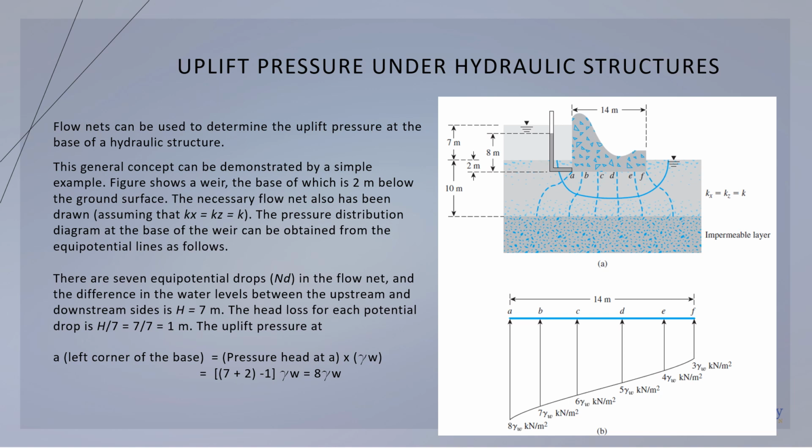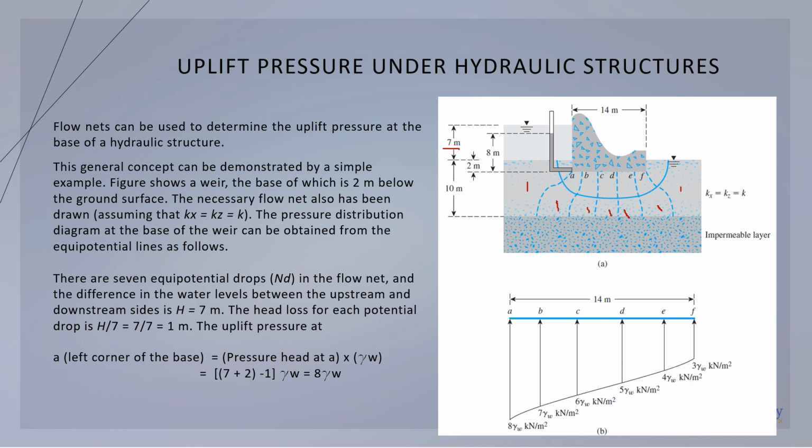Let us count. We have 1, 2, 3, 4, 5, 6, and 7. So sakto, 7 ang atong Nd. And the difference in the water levels between the upstream and the downstream is 7 meters. Gihatag na siya diri.